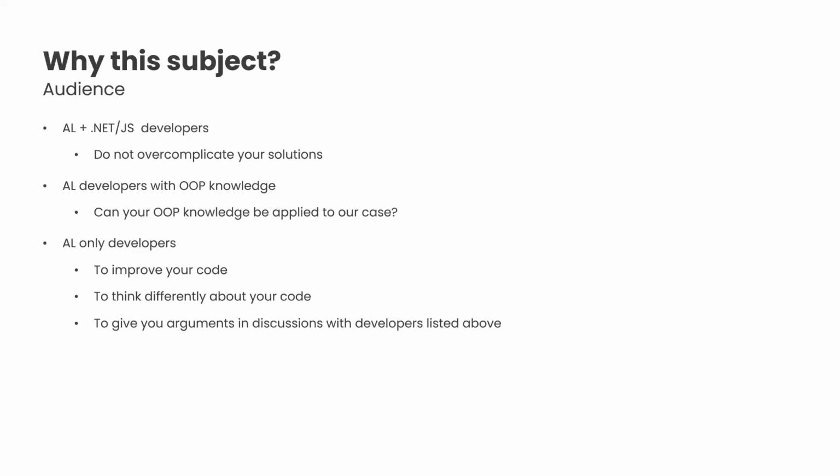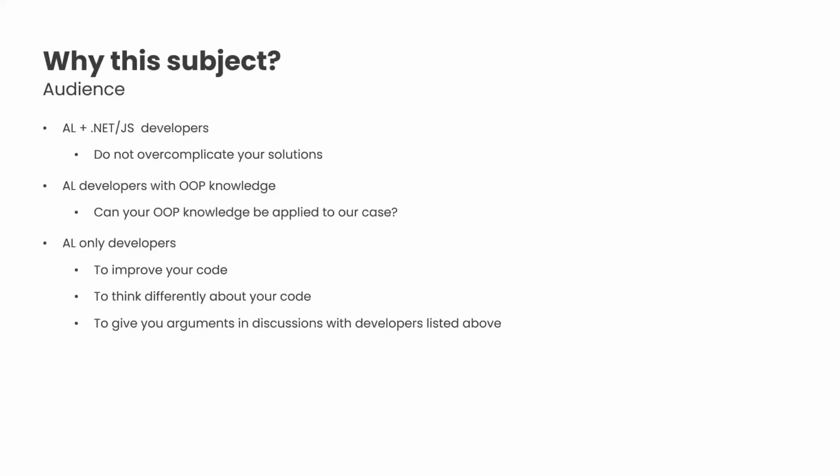But I would like to send the message like, do not overcomplicate your solution. Yeah? Don't bring too much. Try to draw a line somewhere. But I will come to this later. Why I think this way, and also the audience would be AL developers that know object-oriented development. Yeah?